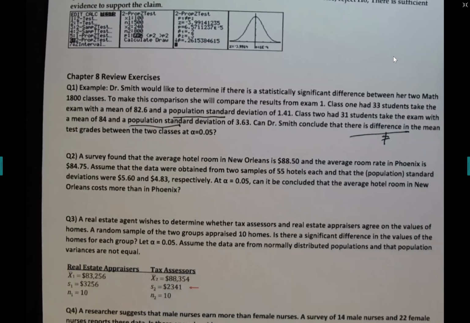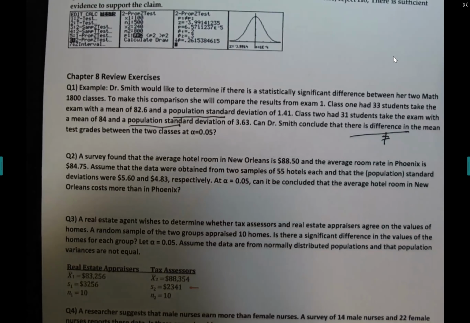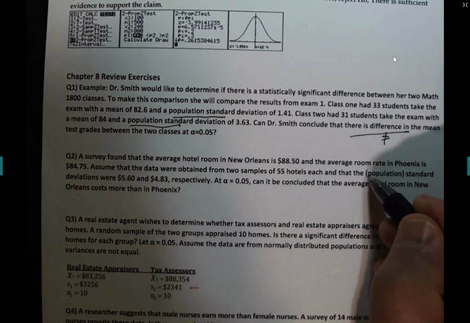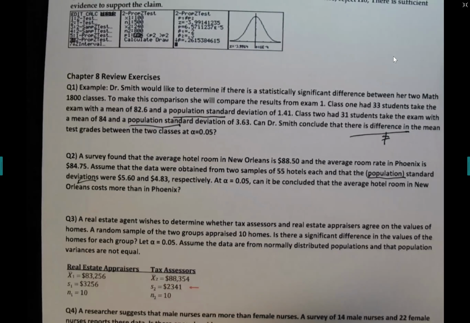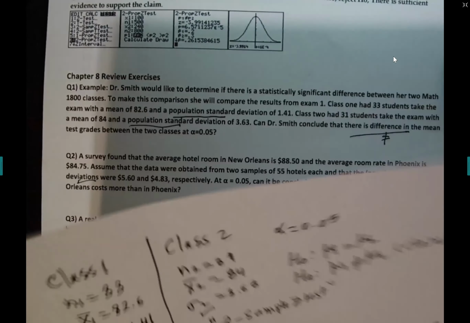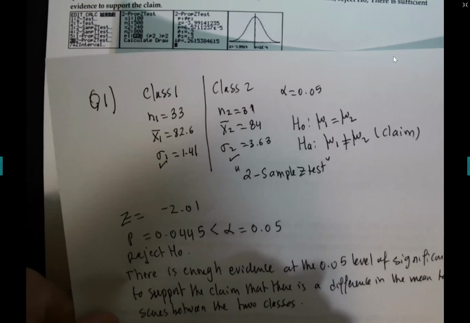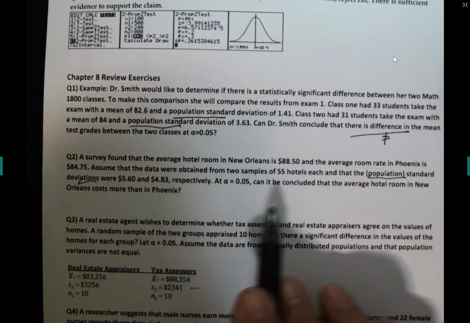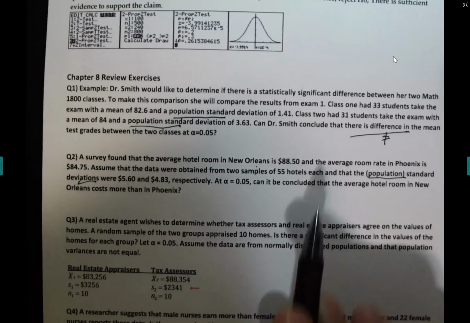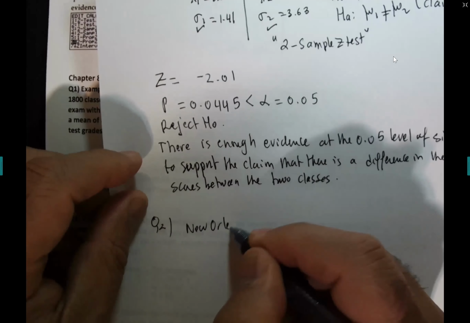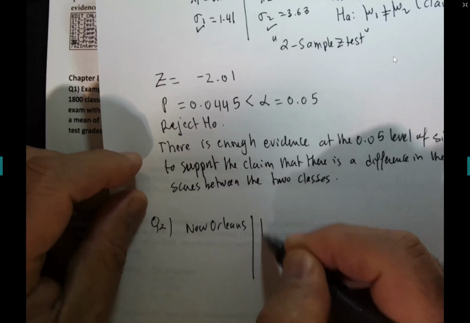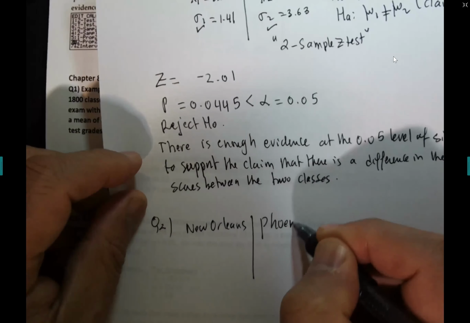It's the same test as the previous one, guys, because sigma 1 and sigma 2 are known, as you can see here, population standard deviation. So let's write them down for question 2. So we have, he started with the New Orleans and then Phoenix. So I'm going to label New Orleans as 1. And then Phoenix.